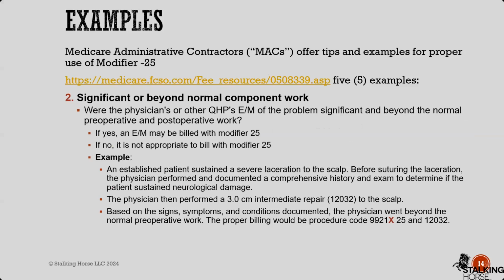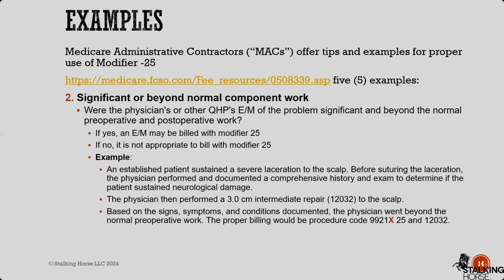So an established patient sustained a severe laceration to the scalp. Before suturing the laceration, the physician performed and documented a comprehensive history and exam to determine if the patient sustained neurological damage. The physician performed a 3-centimeter intermediate repair, so CPT 12032, to the scalp.